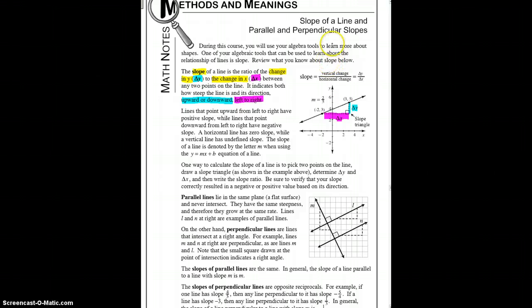So our slope formula is, recall, y2 minus y1, the vertical change, over x2 minus x1, or our horizontal change.